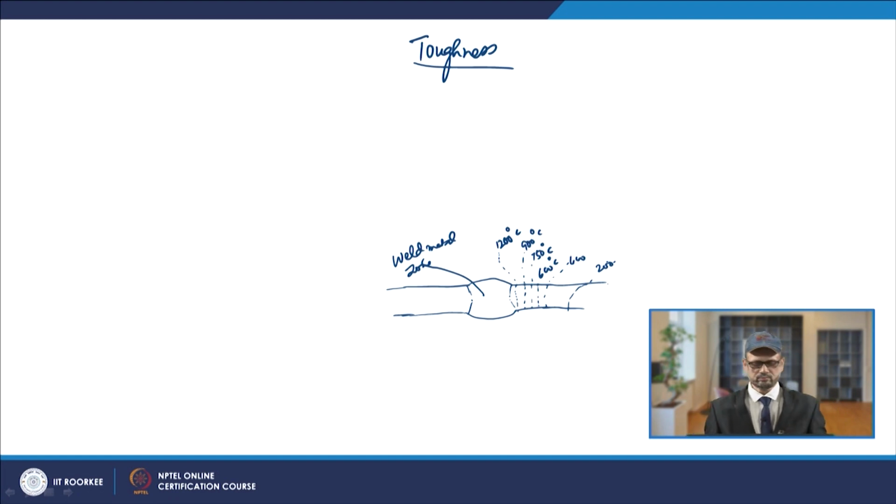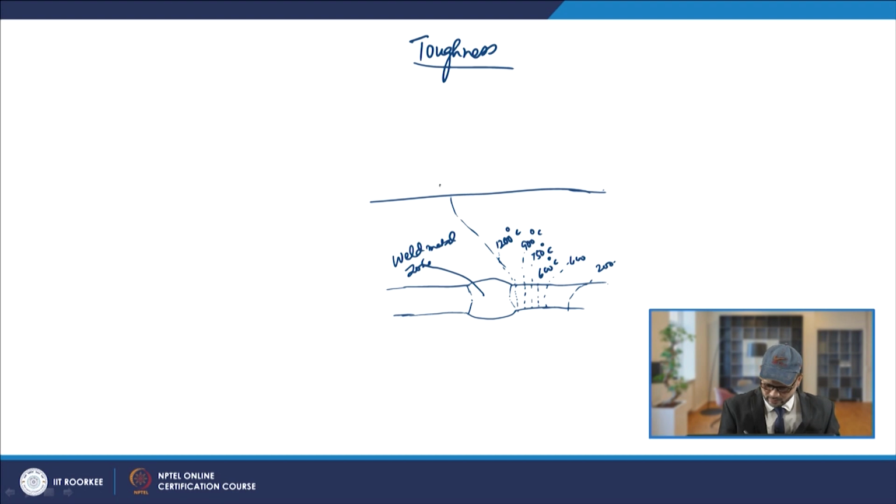If you try to look at the toughness values indicated by experiment in the different zones, what has been seen is that at this point the toughness will be very small.